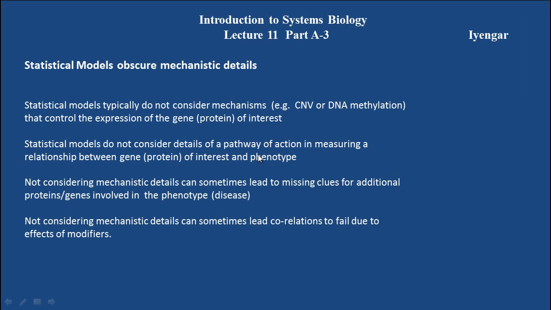Now, like everything else, statistical models have their limitations, and one of these limitations is that statistical models obscure mechanistic details. Statistical models do not consider mechanisms. So for instance, if you are looking at a relationship between a gene and the level of messenger RNA in a statistical correlation model, one wouldn't really consider whether the change in levels is due to CNV, copy number variation, or DNA methylation of the promoters, and so on.